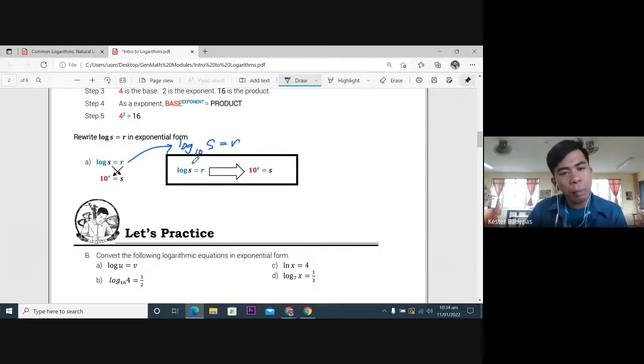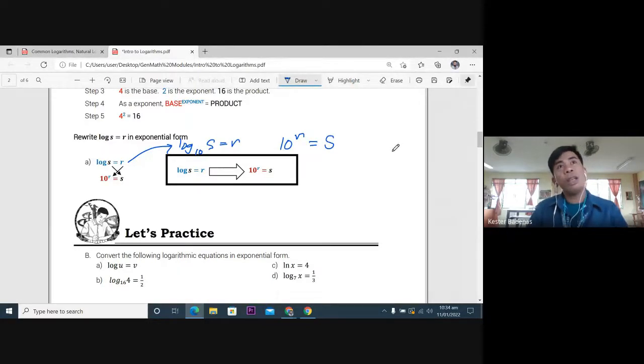And then, since nasa baba yung 10, yan, sulat niyo. Tapos iangat, laktaw kayo isa, angat niyo yung r, tapos yung sagot yung nasa gitna. Ayan siya. So, logarithm of s equals r is equivalent to 10 raised to r is equal to s.